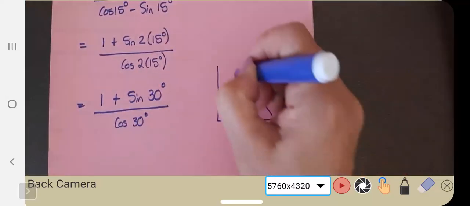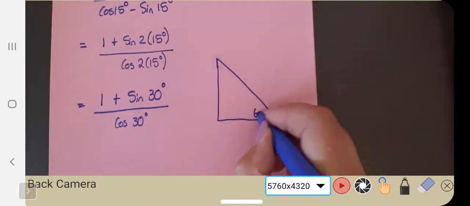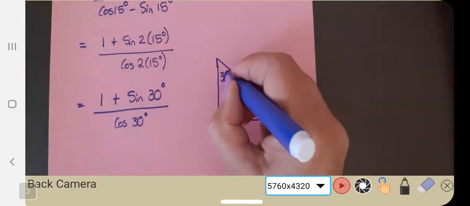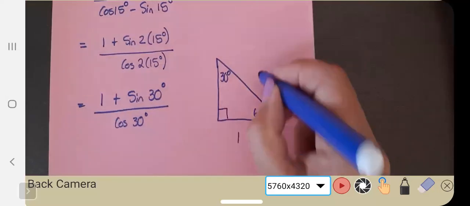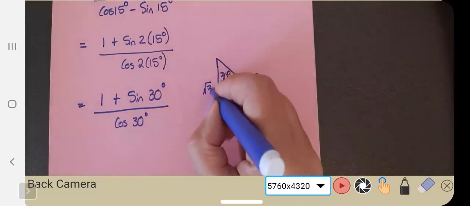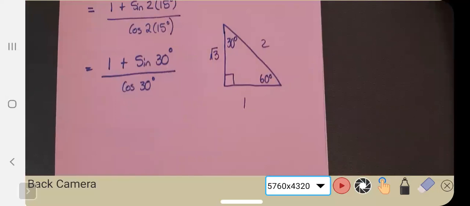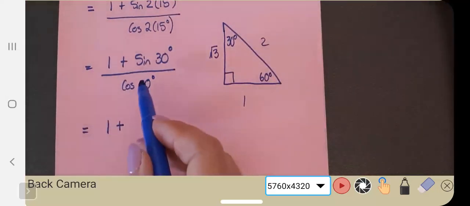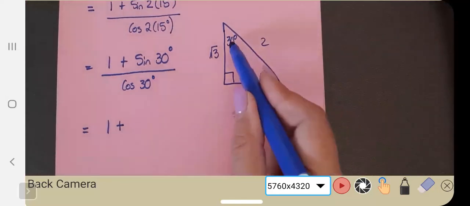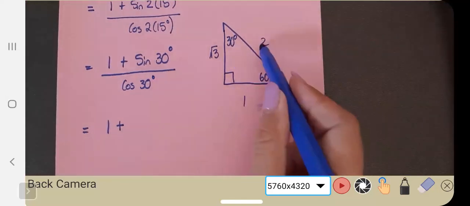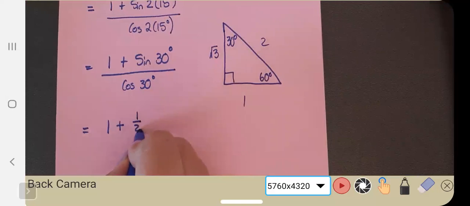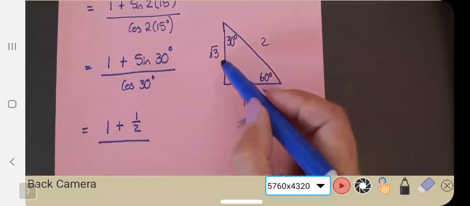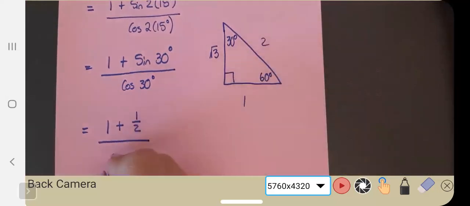So you have to draw your special triangle with the 60 and the 30 degrees, and it's 1, 2, square root 3. The 1 stays there, plus sine 30 is a half, divided by cos 30, which is square root 3 over 2.